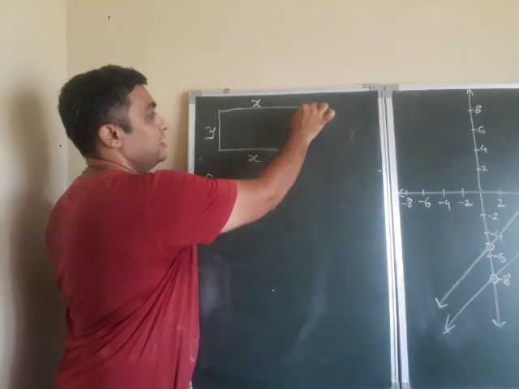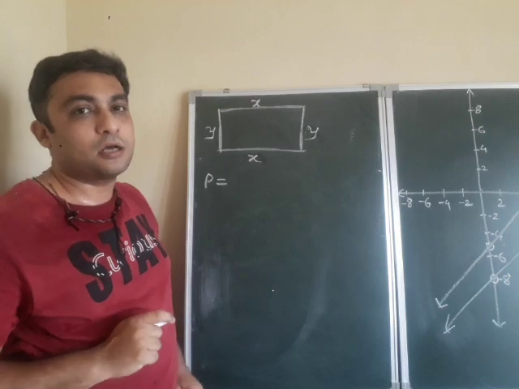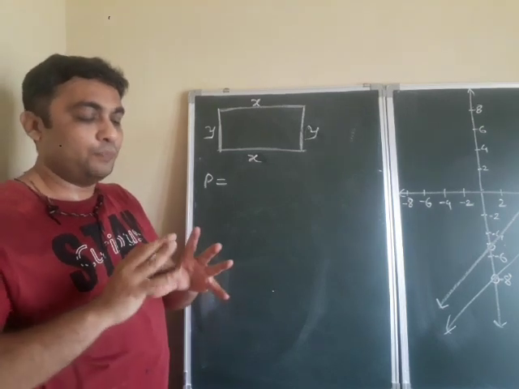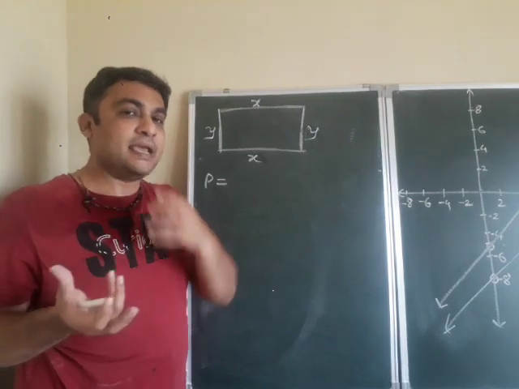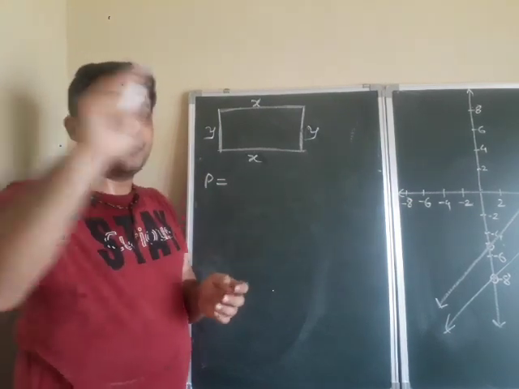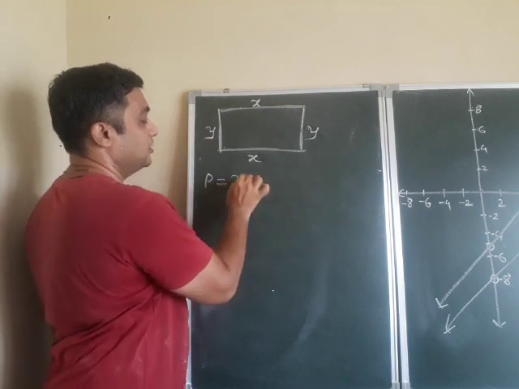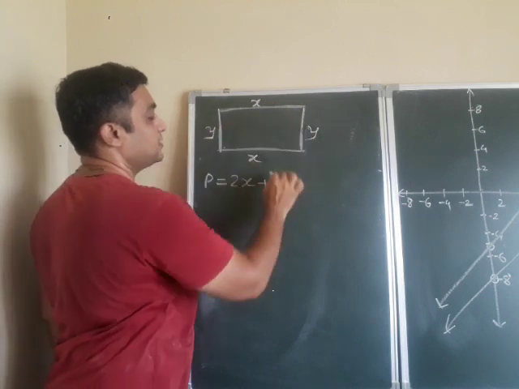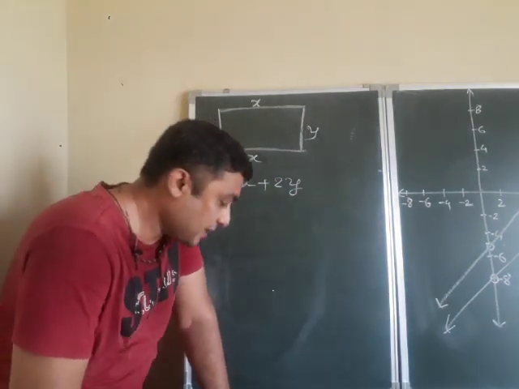This plus this plus this plus this. Periphery, it means border. Is that clear? So it's a closed figure, and a closed figure will represent the area. So periphery, it means it's a border. So this plus this. So x plus x, it's a 2x. And y plus y, it's a 2y. Fine.